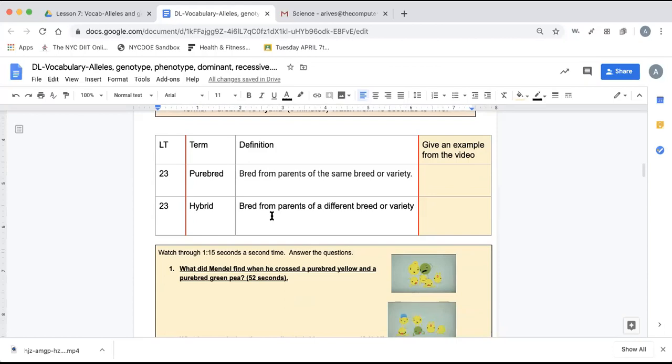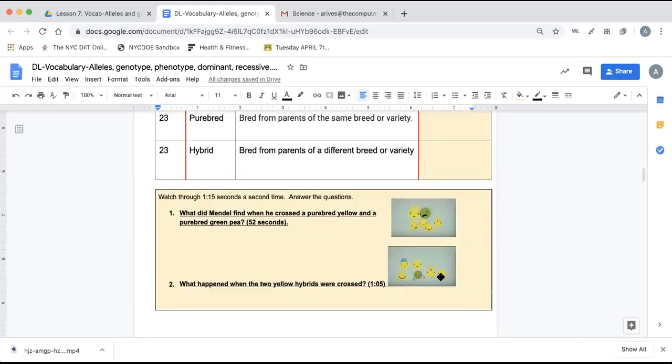So that might be when you breed a tall and a short plant together. In the video, it's going to be talking about the color of peas, and there are little pictures that are actually screenshots of the video, so you should make a connection between where in the video it is. If you see this image and you haven't found the answers to your questions, go back. And I have given you times.